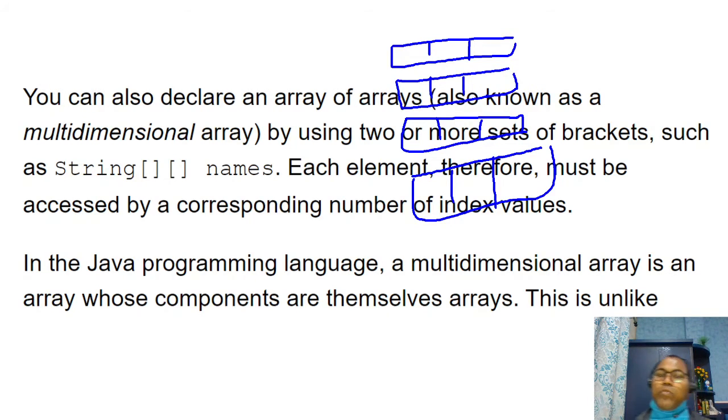Now you have to declare 4 variables: array 1, then variable 2, again variable 3, again variable 4. You have to declare 4 array variables.